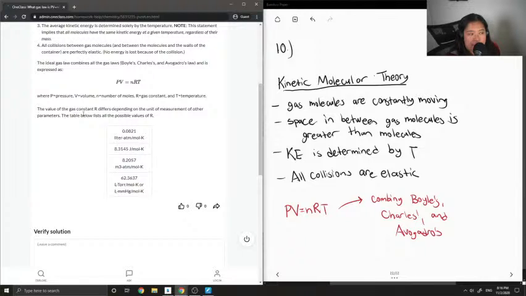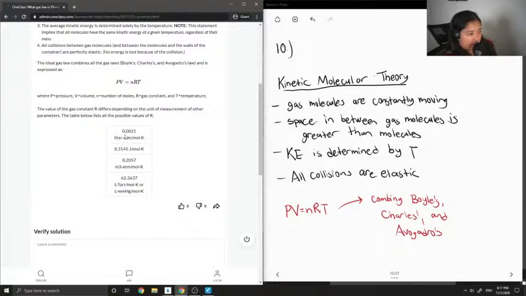So this is what I mentioned earlier: depending on what a question gives you, if they give you a value in joules or in meters cubed, the R value will change depending on what the units are.